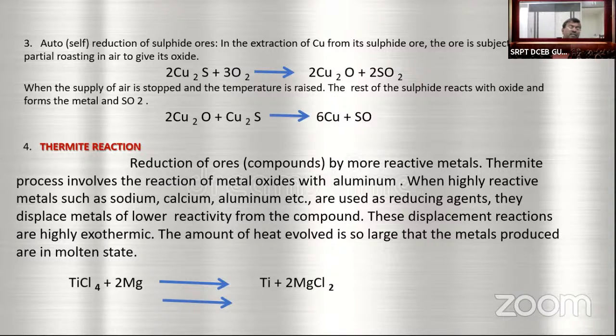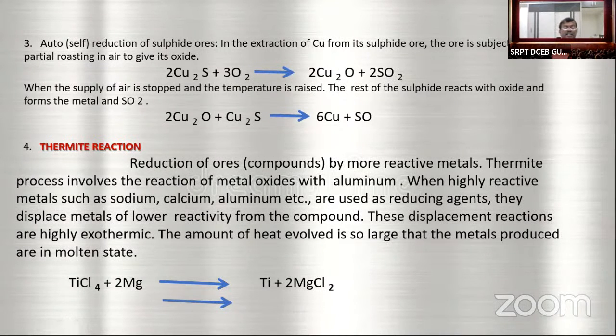Titanium tetrachloride is one ore of titanium. When it is mixed with magnesium, the highly reactive metal, this highly reactive metal displaces the titanium from titanium tetrachloride. It gives us titanium, and the magnesium is formed as magnesium chloride.